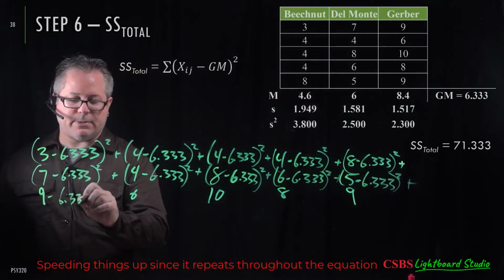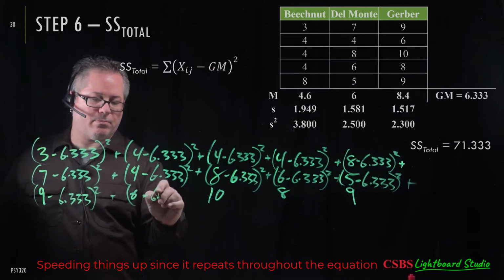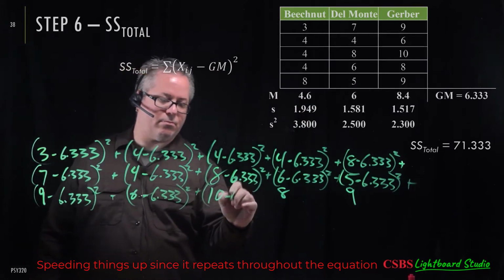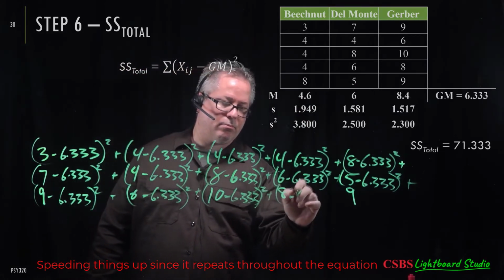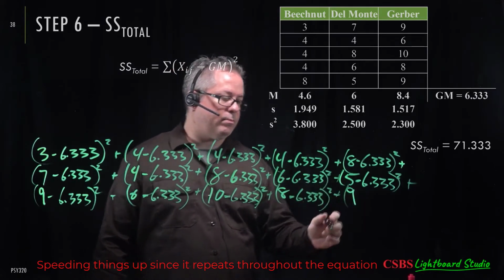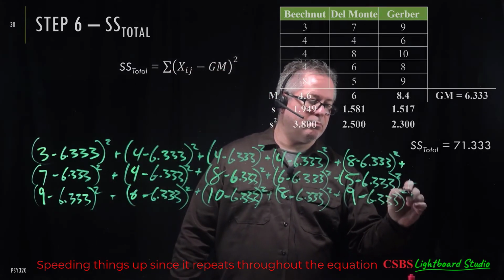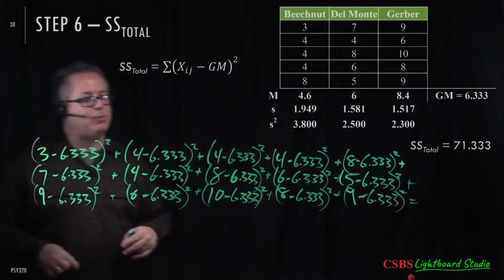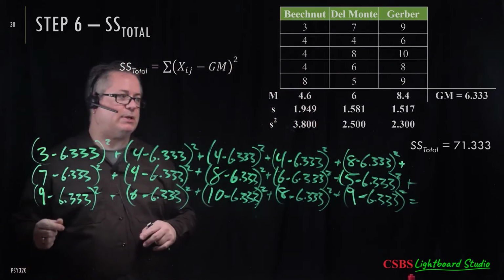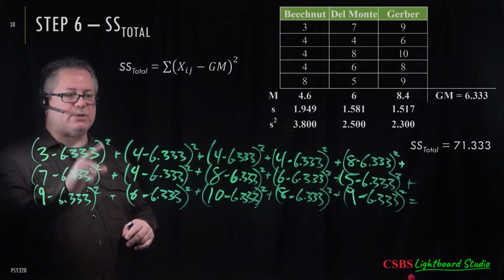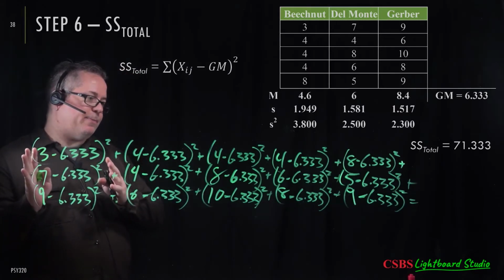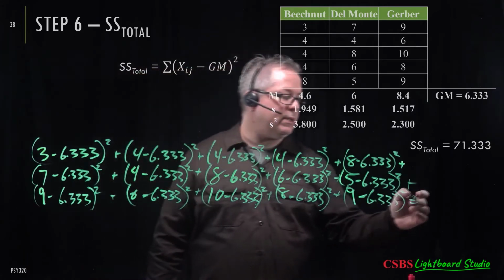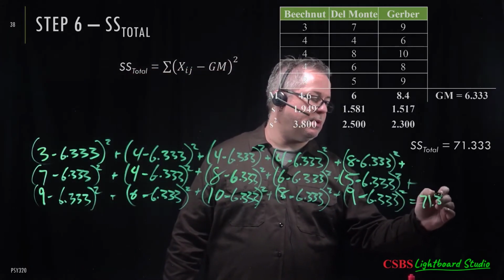Keep on subtracting. All right, so if we subtract, and we actually did it before, so if we go back to an earlier part of the lecture, you can see it. But if we subtract and square each one of these, add them all up, we'll get that 71.333.